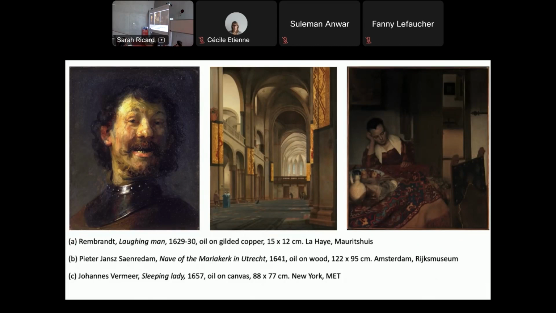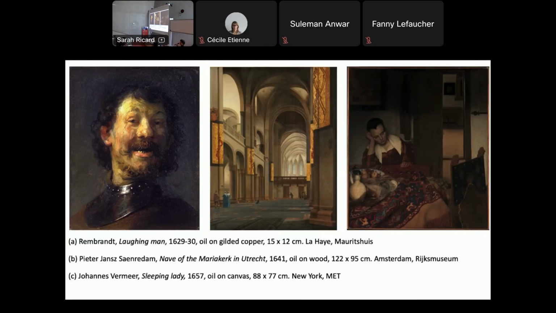Here you have this use of gold on the brocades decorating the church. And in the Vermeer, the use of gold is limited to the reflection of light on the nails of the chair. This is a very tiny detail, which you can't really see even in this picture.